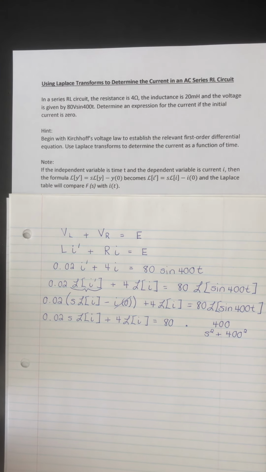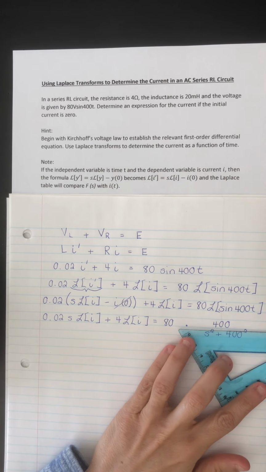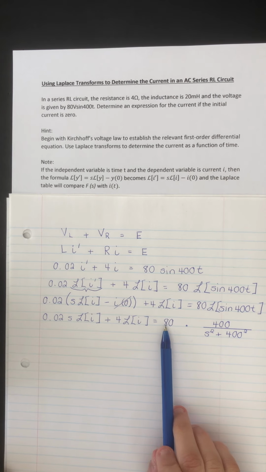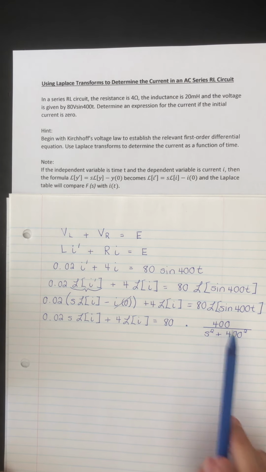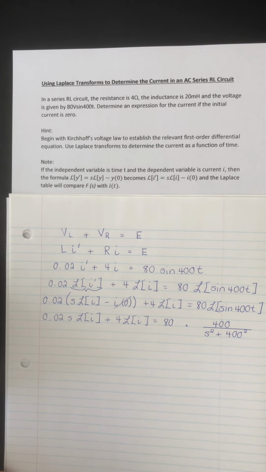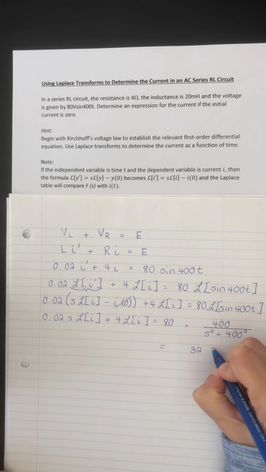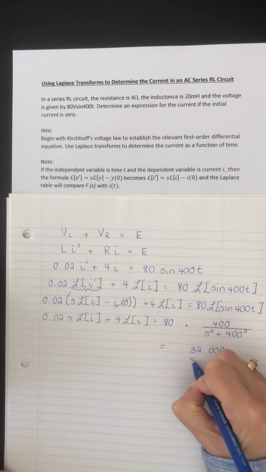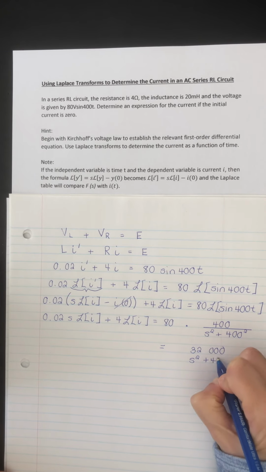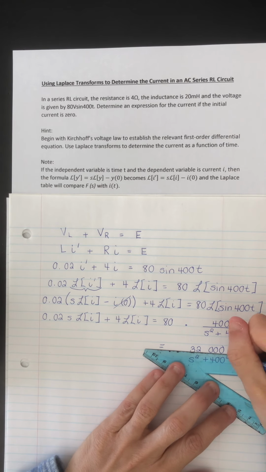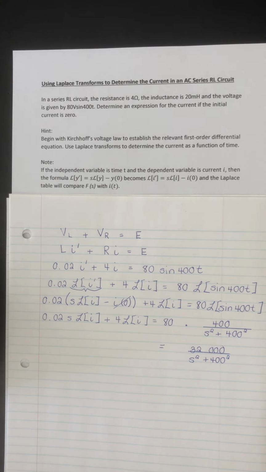And again, the 80 remains as a multiplier. So it's like having 80 times 400 in the numerator, which means having 32,000 in the numerator. Okay, so I can write the right side in this way.